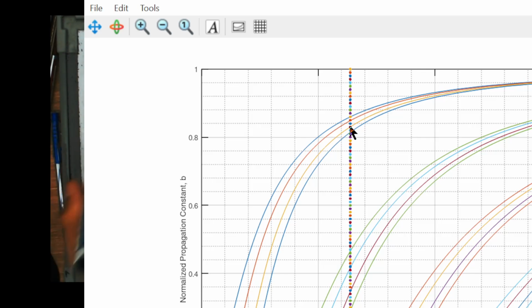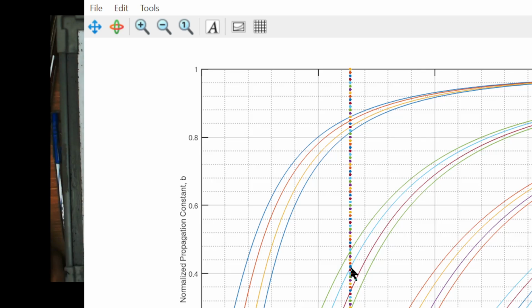Now let me do a little housekeeping here. Okay, we are looking at the second line and mode 2.